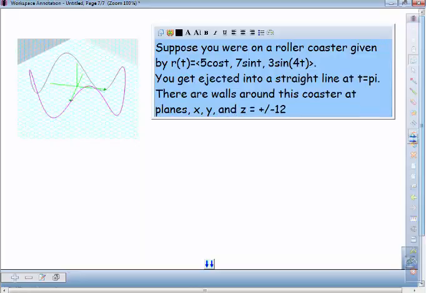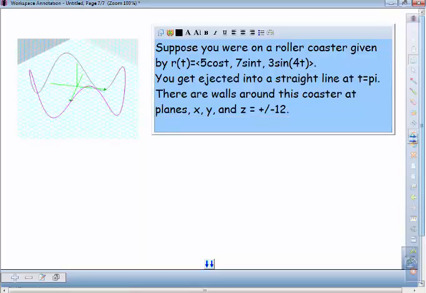So imagine this. This thing is in a box now, right? Which wall would you hit and where?